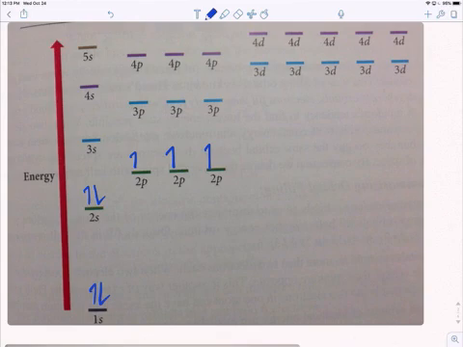I've seen it called a few things. One of them is called the bus seat rule. Like if you're sitting on a bus, you usually pick a seat that's open. That's partially true. One of the issues with that, though, is that when electrons pair like this, it releases something called the pairing energy, which is actually fairly significant.